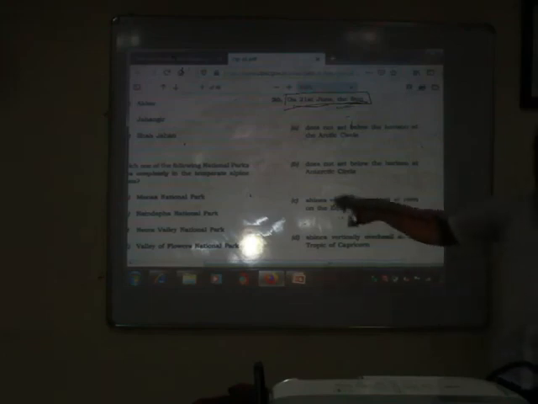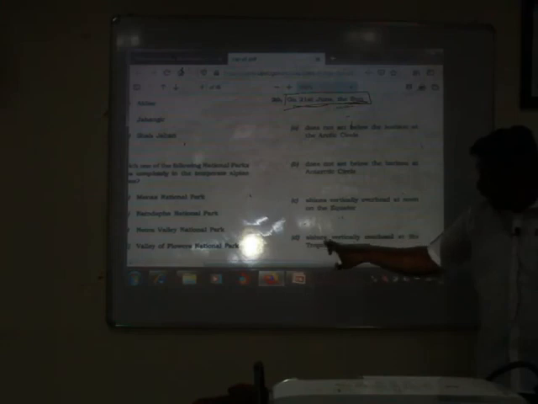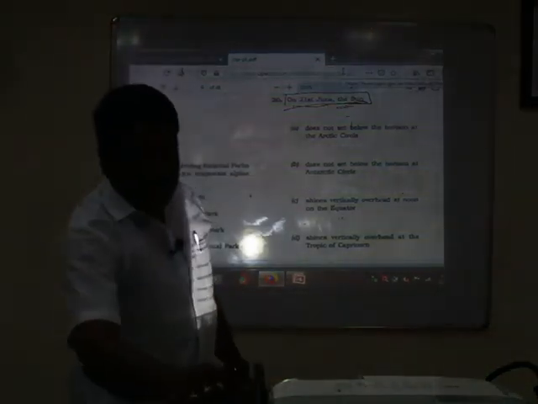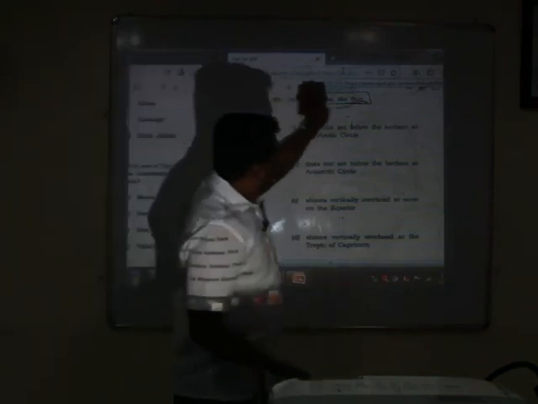Option 3, shines vertically overhead at noon on the equator. Option 4, shines vertically overhead at the Tropic of Capricorn. Now, read it and just tell me which is the best option.